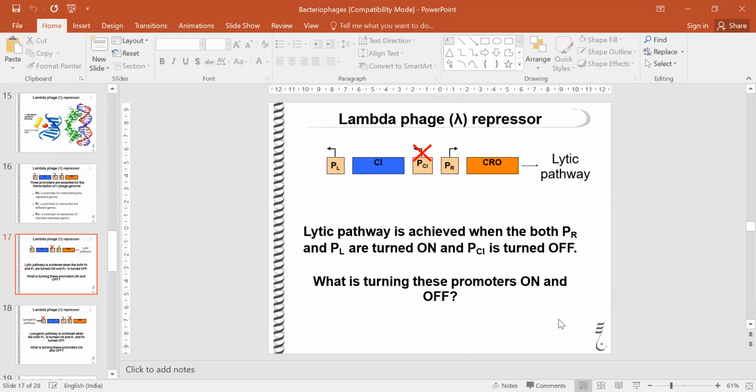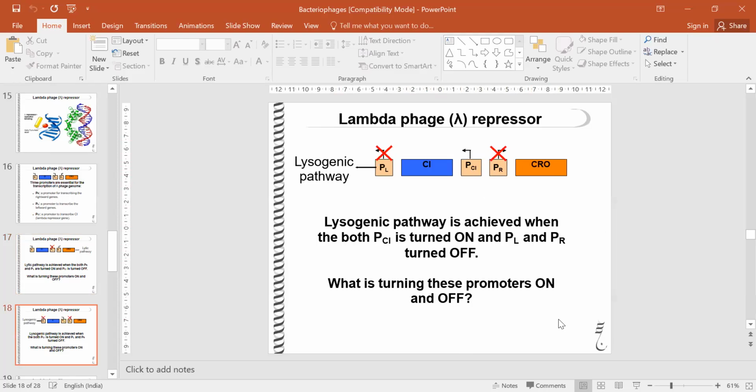The lysogenic cycle is achieved when PC1 is turned on and PL and PR are turned off. If only lambda C1 is turned on, it can express the lambda C1 repressor. In that condition, the bacteriophage can follow the lysogenic cycle.